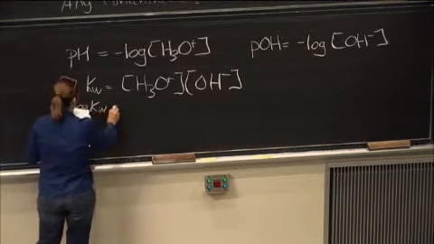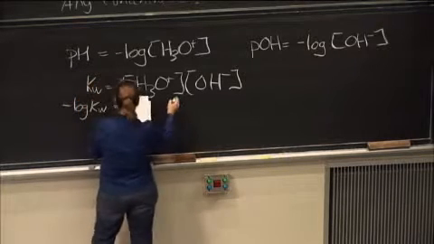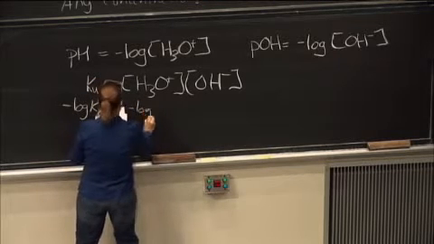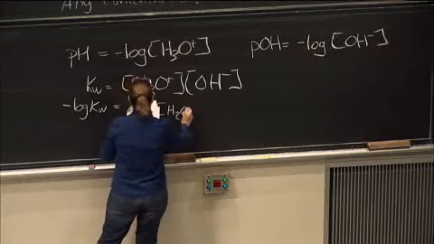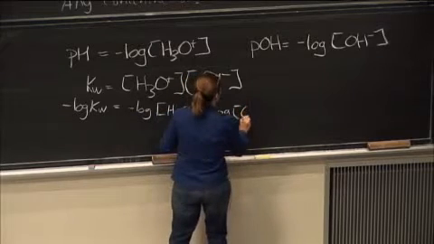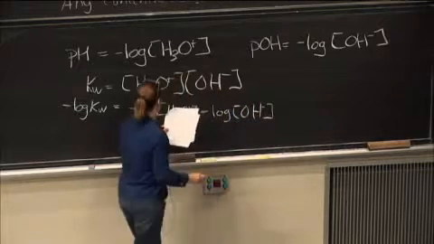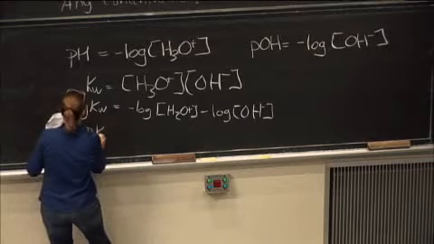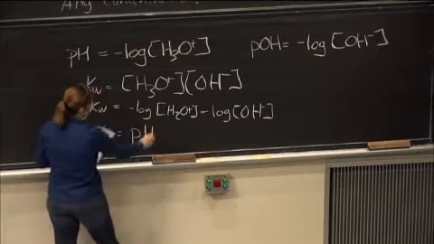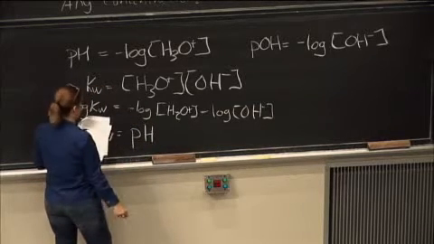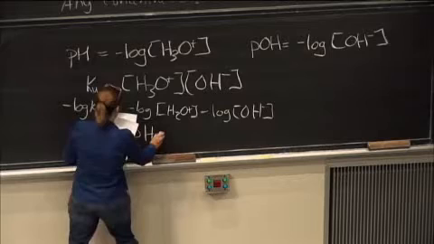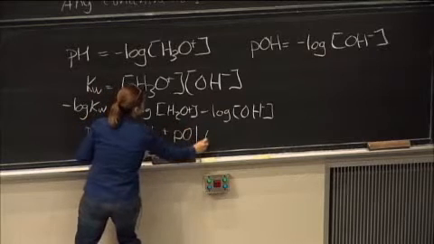So minus log of Kw equals the minus log of hydronium ion concentration minus the log of hydroxide ion concentration, and we end up with pKw being equal to pH, because minus log of the hydronium ion concentration is pH, and minus the log of the hydroxide concentration is pOH, so plus pOH.